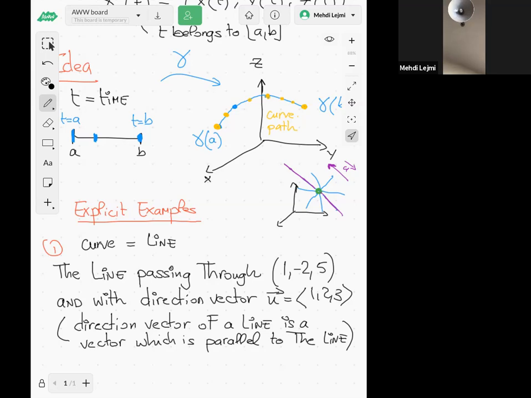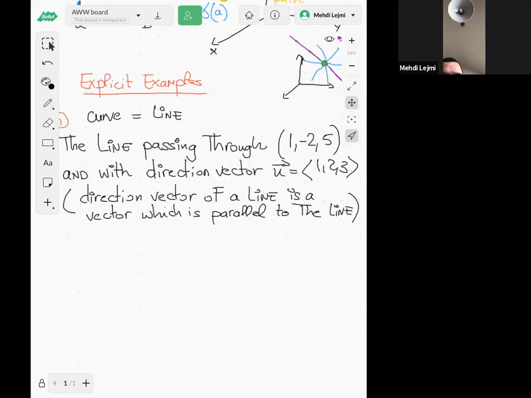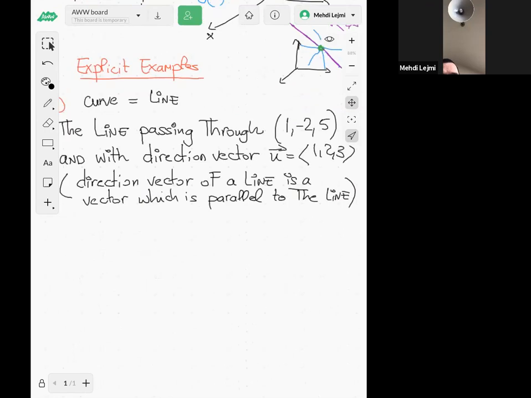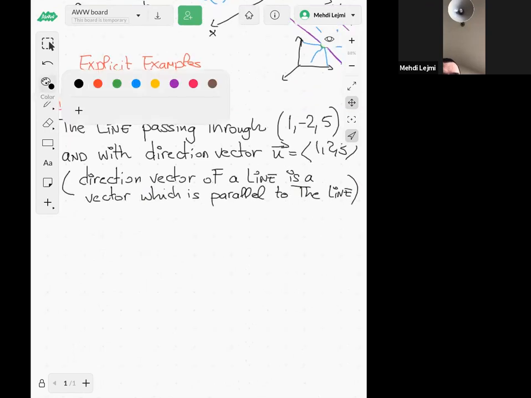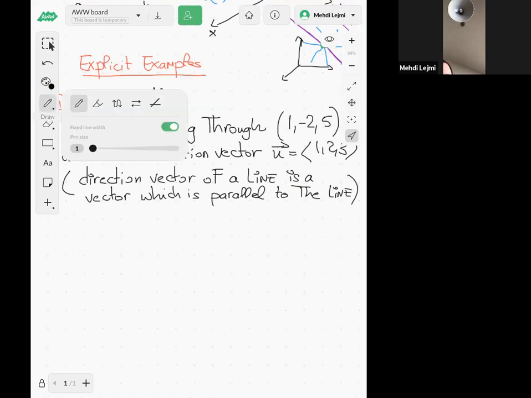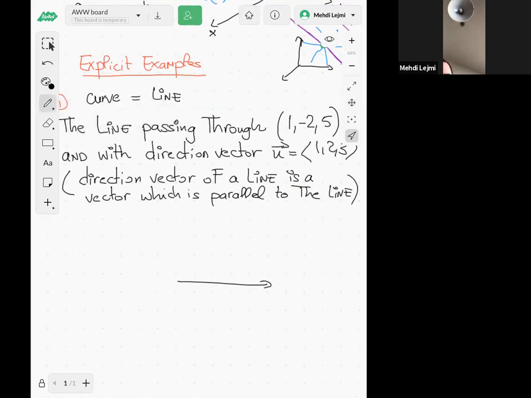So how do we find the equation of this line passing through this point and with direction vector u? Again, this is from Calc 3. Let me just remind you how we find the equation of such a line. So the idea is the following. You have this space.